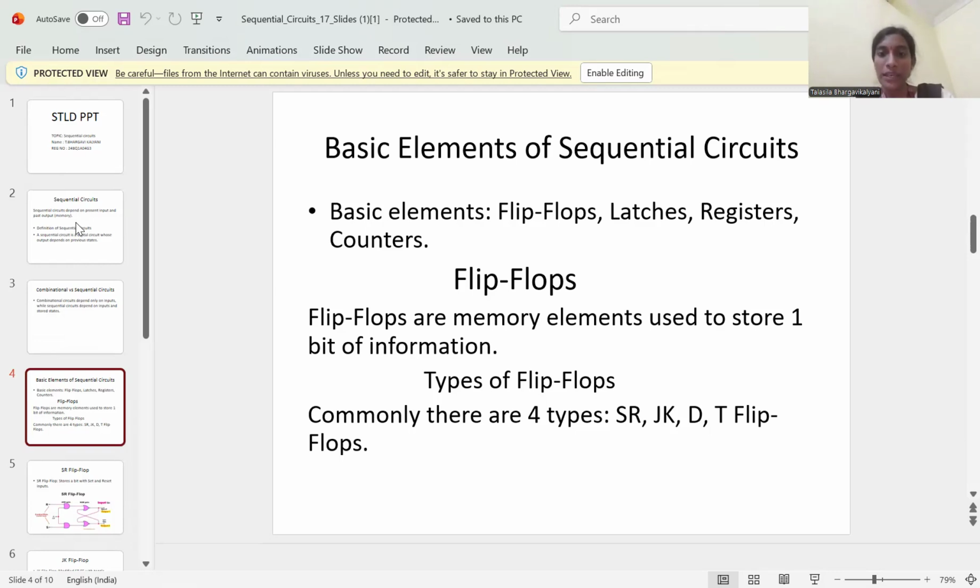First one is SR flip-flop, also called set and reset flip-flop. JK flip-flop, also called Jack and Kilby flip-flop. D flip-flop means data flip-flop and T flip-flop means toggle flip-flop.